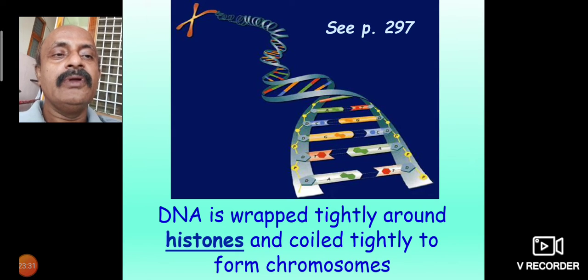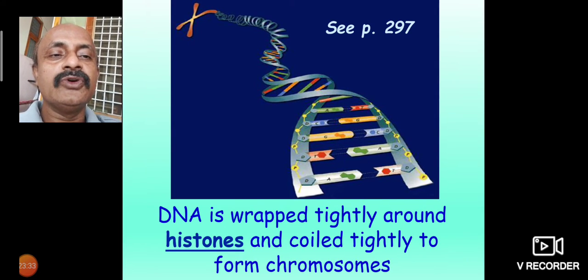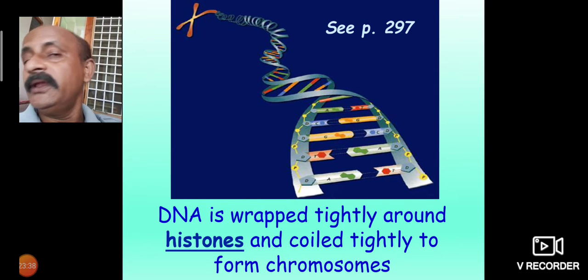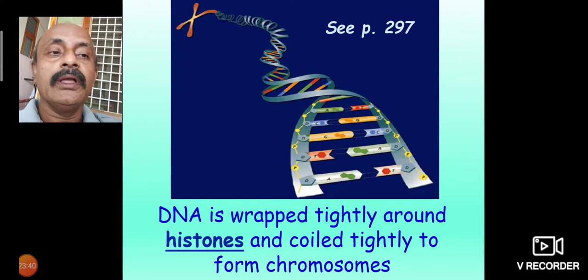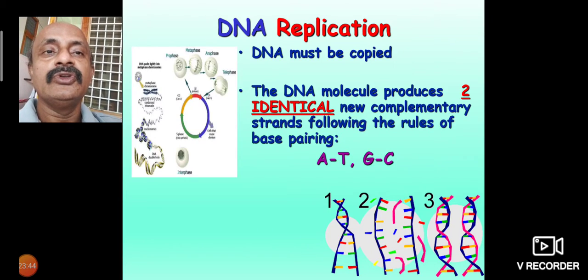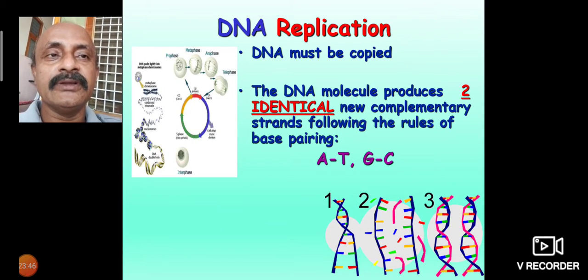DNA is wrapped tightly around histones and held tightly to form chromosomes. So this is also DNA replication. The DNA must be copied.